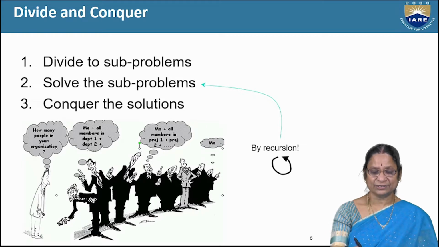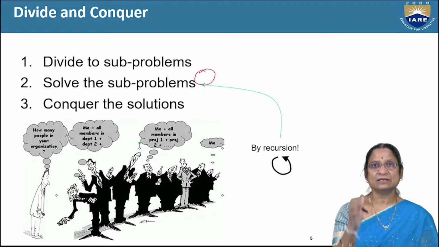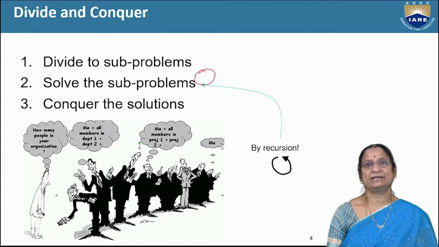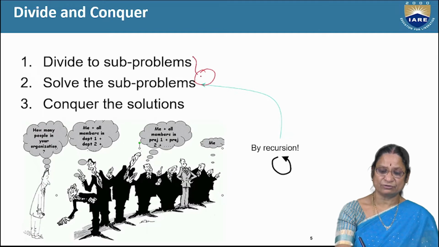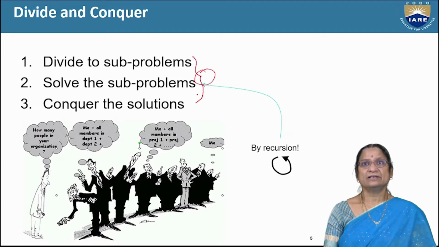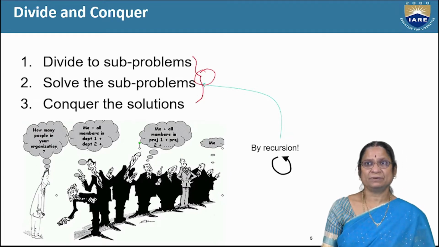This process is continued as long as we can solve a problem independently with smaller data. That is, this divide concept is going to be continued. These three steps are going to be done recursively. Recursively means recursion.